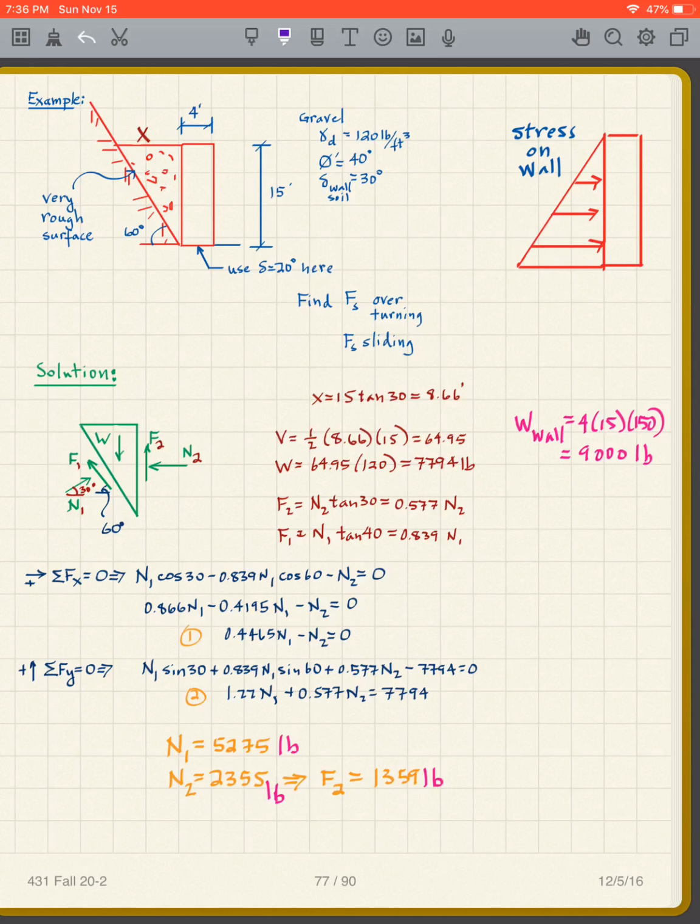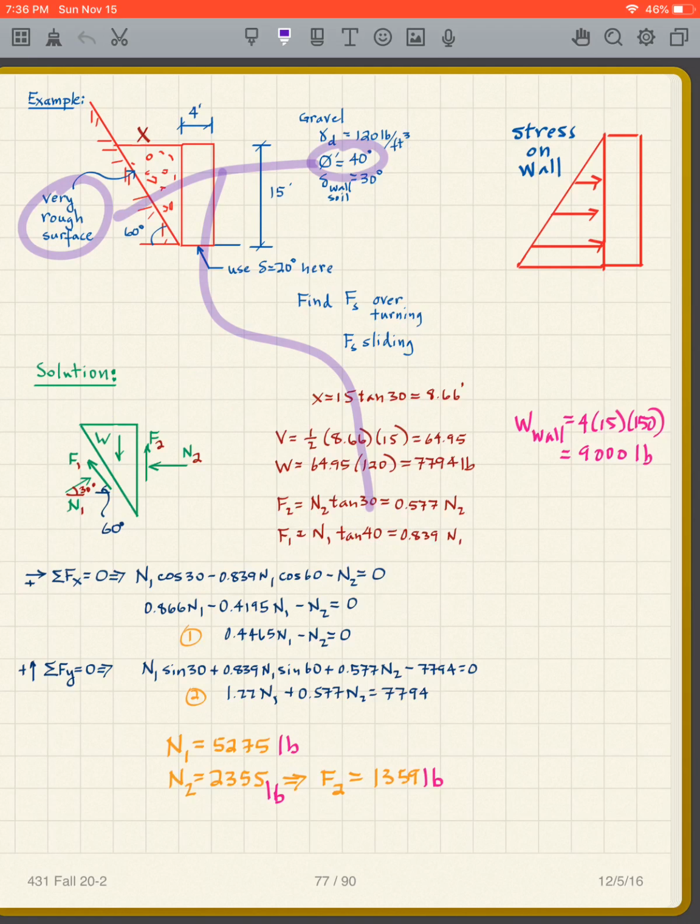Again, now you got to look at these. Along this very rough surface, well, what do I have? I've got my N1 and F1, right? So my N1 and F1, well, my phi prime is 40 degrees. Since it's a very rough surface, I put that together, and that tells me that on this surface here, I have 40 degrees.